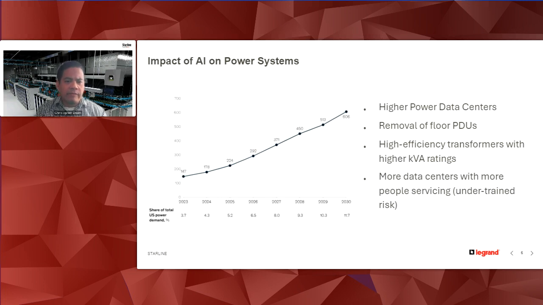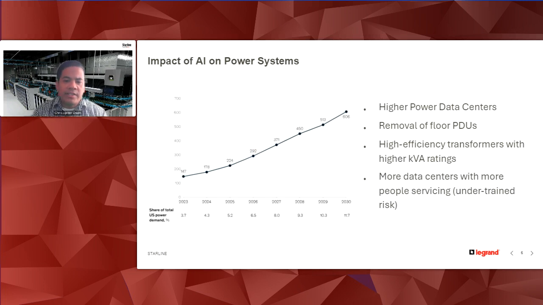But some of the infrastructure changes that we're seeing is removal of floor PDUs to help transfer higher voltages to the rack. We're also seeing higher efficiency transformers with higher kVA ratings, again, to squeeze more power out of the power chain. And really with this power demand, we're seeing more and more data centers needing to have trained personnel to deal with that risk.